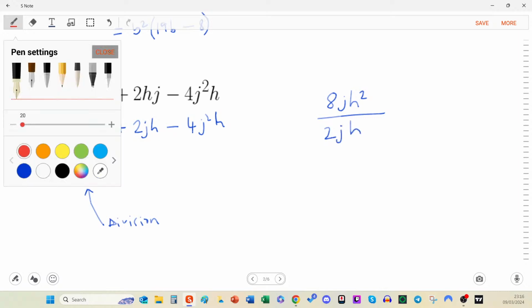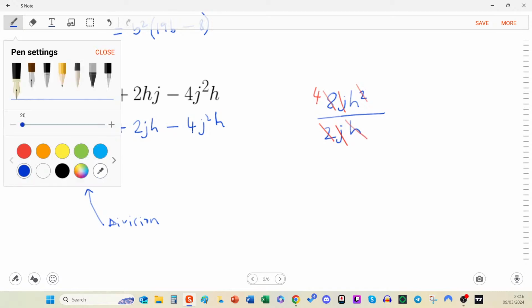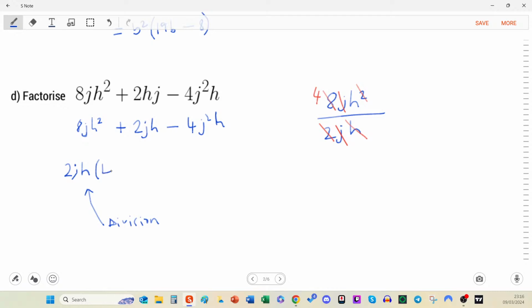You can cancel down as appropriate. So 8 divided by 2 is going to leave us with 4. And then the J's are going to cancel. And H squared at the top is going to cancel 1H down there. So as you could see, like we found before, we're left with 4H. That's a really long way of doing it, but hopefully not always needed.